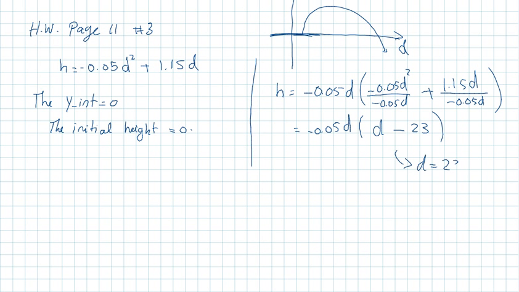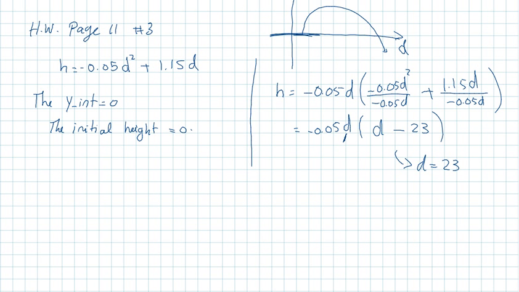Because the other one is, if you start from the ground, it's zero. How many zeros do you have? It's 0 and negative 23. 0 and positive 23. Remember, guys, this is why I chose this question. Guess why? Because you're going to have something like it on the test.